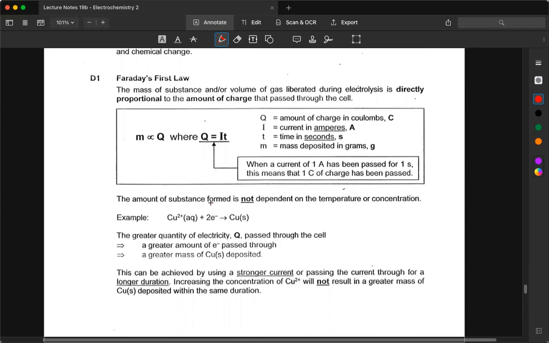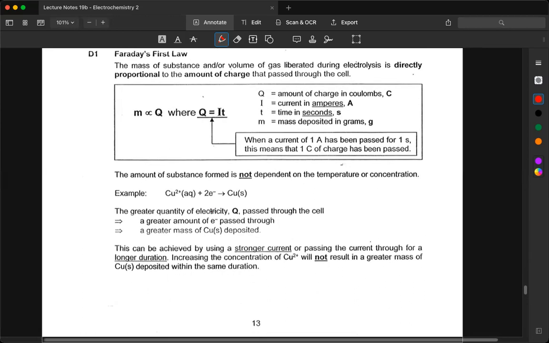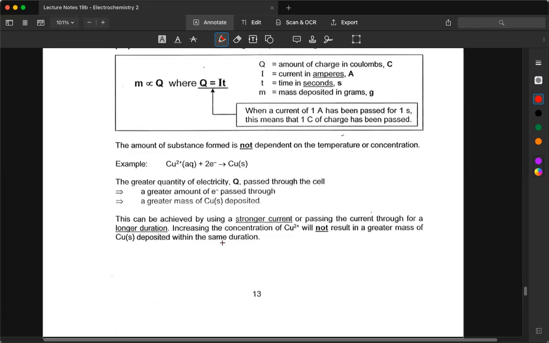Remember that. So when we have a greater quantity of electricity, then we will expect more electrons, and more electrons means more copper deposited. So in order to increase the mass of copper deposited, we can use a stronger current, which increases the amount of electrons, or pass the current through a longer duration, which will also increase the amount of charge and hence the amount of electrons.